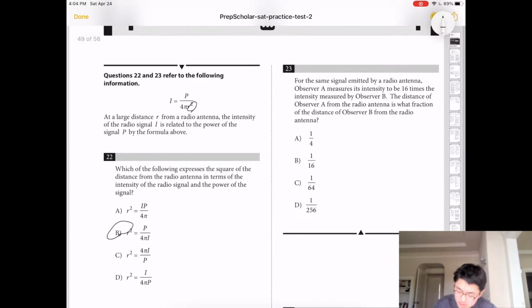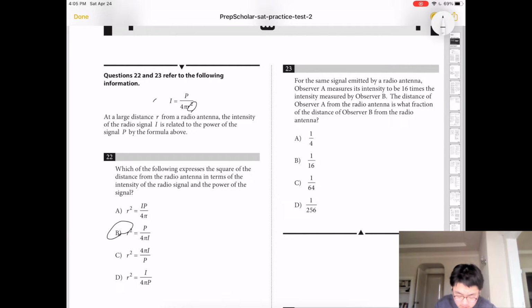Number 23, for the signal, A is 16 times B. R is distance, I is intensity, and P is power of the signal.